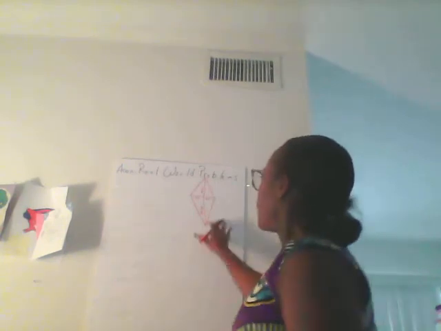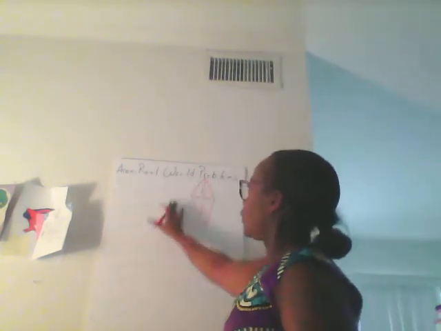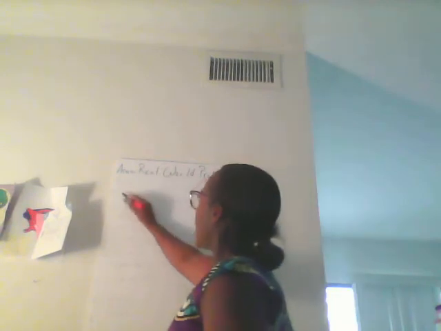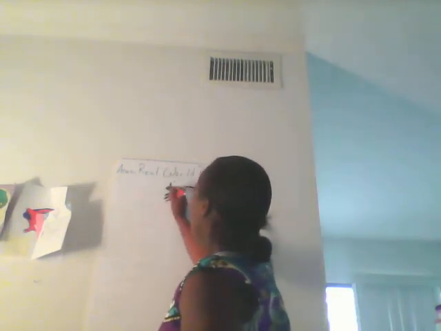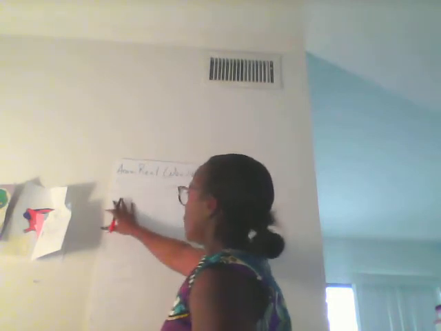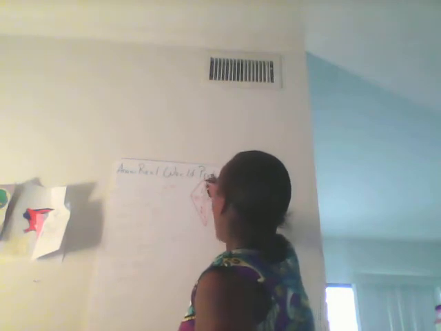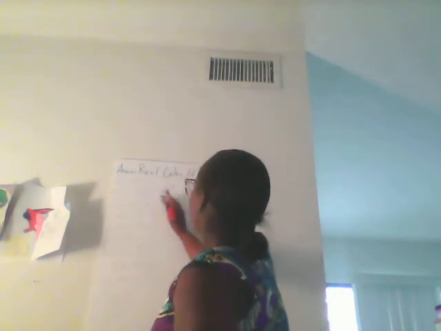You combine, you add both bases together to become one base, which is equal to 22. Then you combine both heights together and add them, which becomes 36.